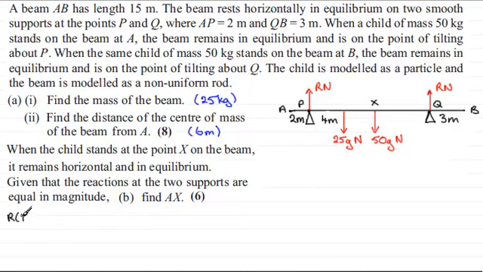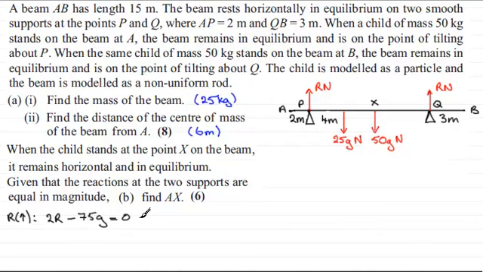So let's start by resolving upwards. By resolving upwards, we're looking at what the resultant force is. And we've got R and another R, so we've got 2R acting upwards. And the two forces here acting downwards total 75g. So that's going to be in the negative sense, so it'd be minus 75g. And because the beam here is in equilibrium, that resultant force must equal 0.